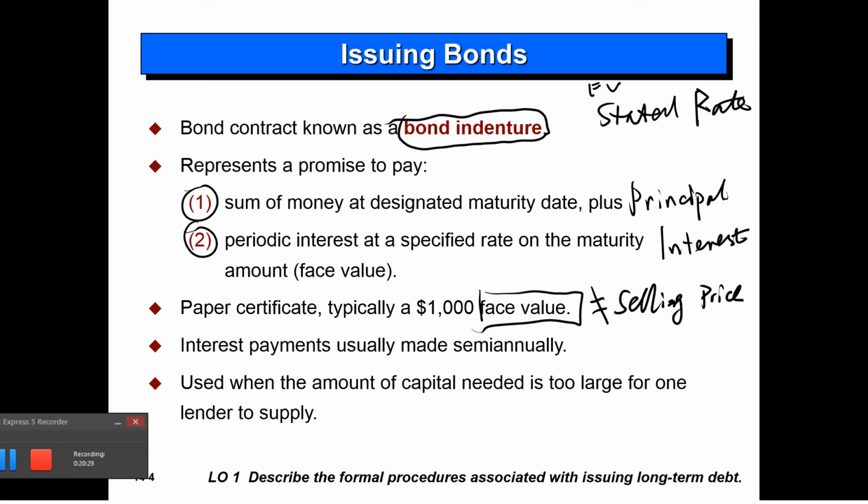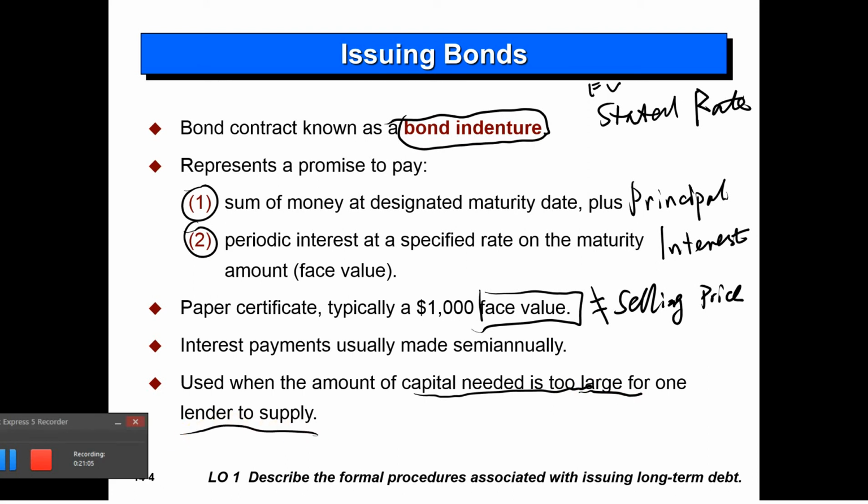So when does a company issue bonds? As I told you just now, this is what we call pecking order. Small companies go to bank loans. Large companies go to corporate bonds. Why don't large companies simply use bank loans to meet their capital needs? That is because for large companies, their capital needs are too large for one lender to supply.